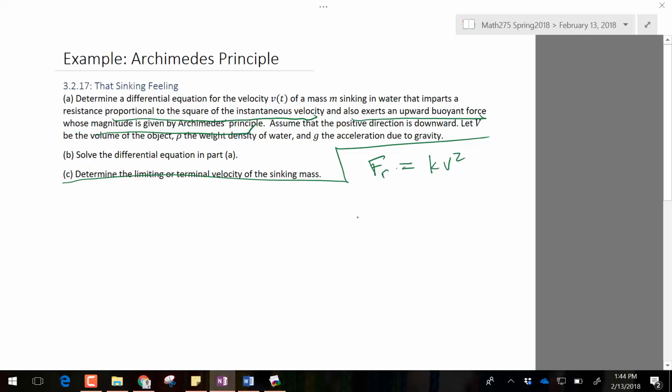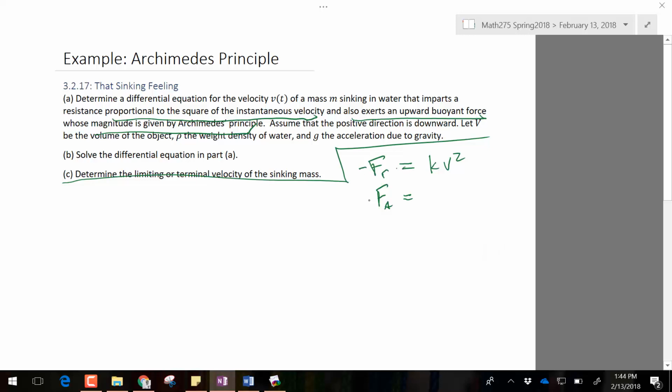And then the other force. Well, the Archimedes principle says that your upward buoyant force, whose magnitude is given by the principle, is equal to the weight displaced. So we'll make these negative.